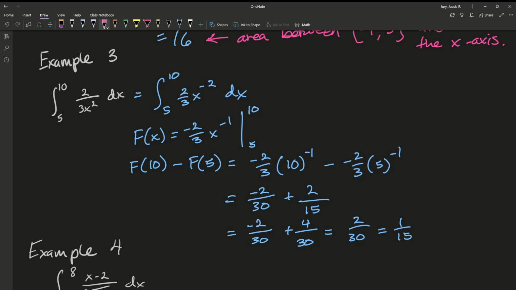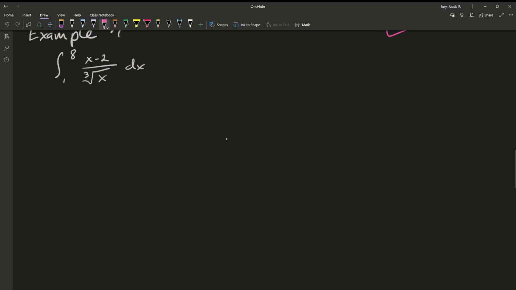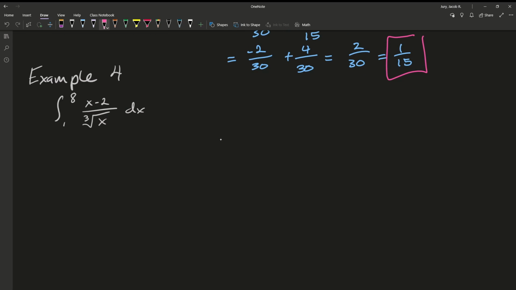So when you're figuring your answers, make sure you're being careful and you're checking your work. The last example I've got for us is one that requires a little bit of manipulation.